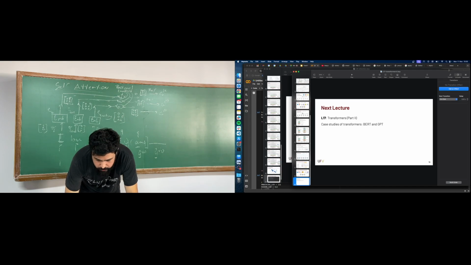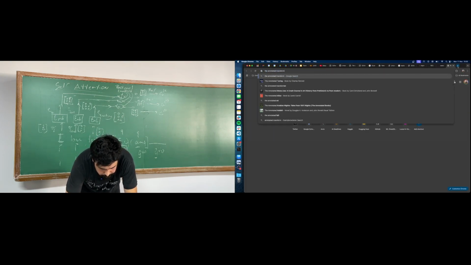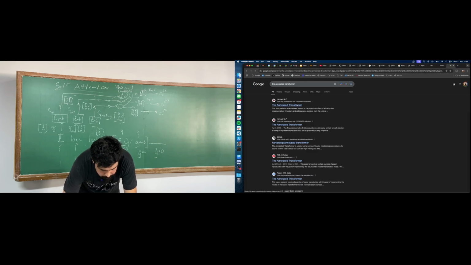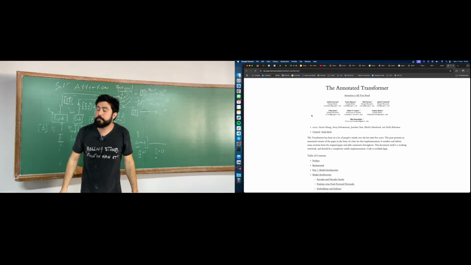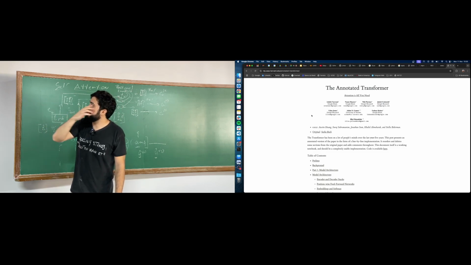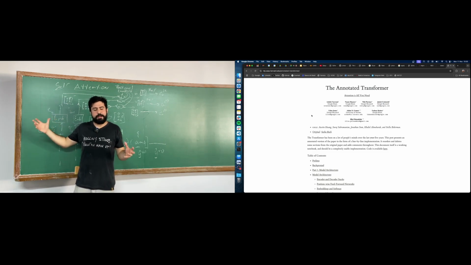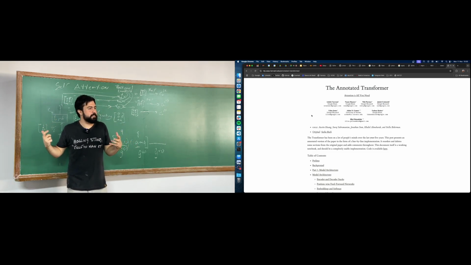The one that is mostly important is the annotated transformer. This is a very famous blog post from Harvard. It's the Harvard NLP group. It was famously hard to read this paper, especially to implement it.